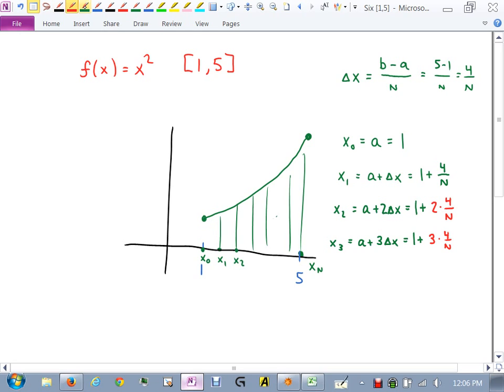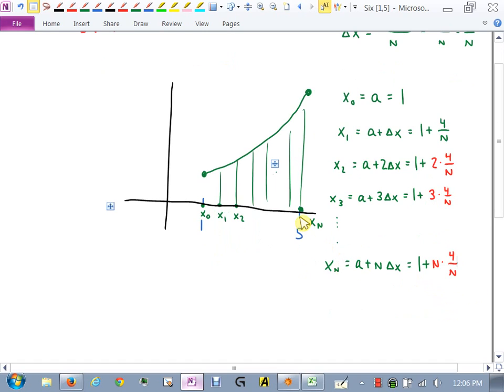And I keep doing this, generating these until I get to the very last one, x sub n, which will be a plus n delta x, equal to 1 plus n times 4 over n. That cancels to be 4, which makes sense, doesn't it? Shouldn't our last point be 5? 1 plus n over n cancels and you get 4, and 1 plus 4 is 5. But we're going to leave it like that. You'll see why in a second.